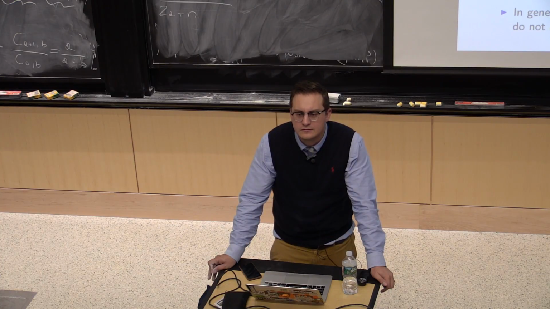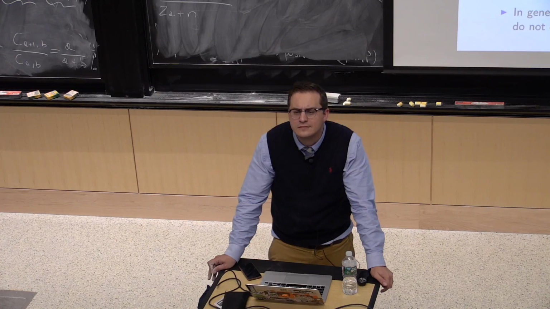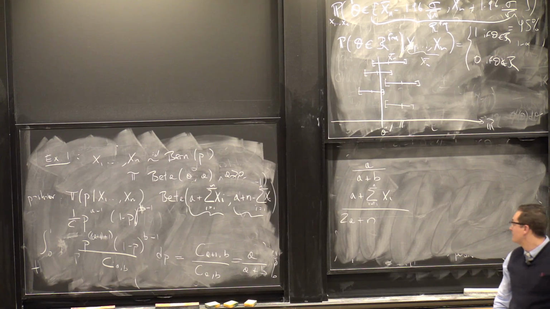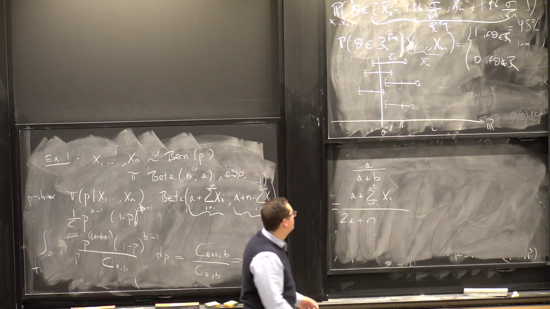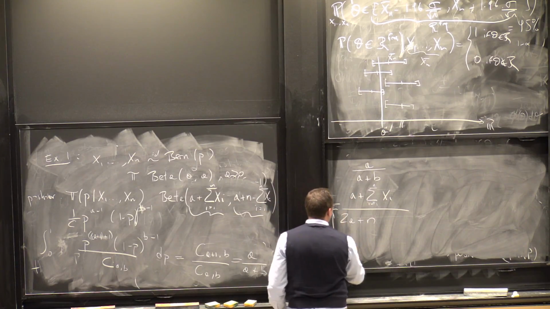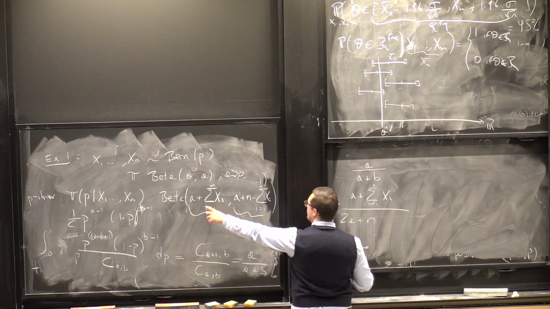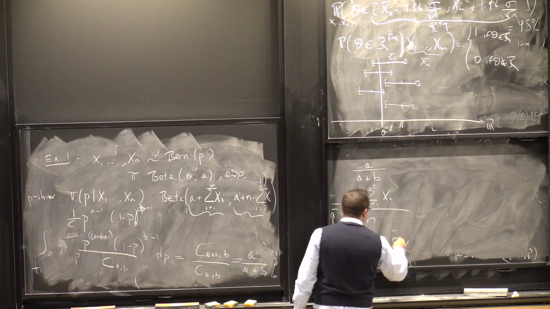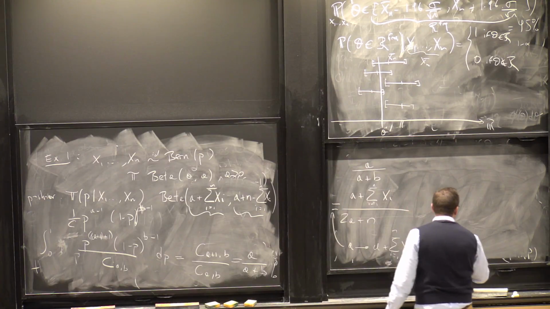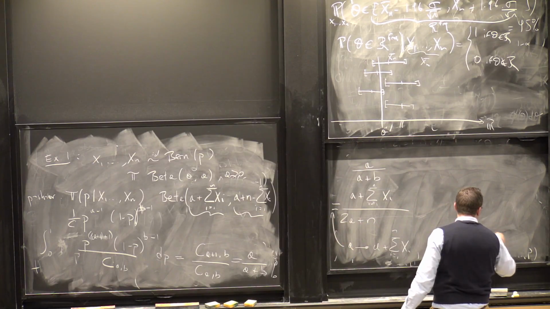You guys have a question? What is it? Yeah, on the board, is that divided by the larger sum? Is that divided by what? So it's a over a plus b, and then you just expand. Then I said that this is equal to this, right? So a becomes a plus sum of the xi's, and b becomes a plus n minus sum of the xi's.